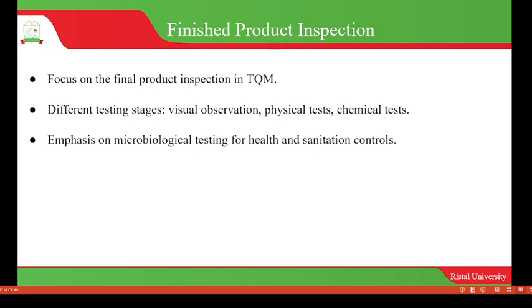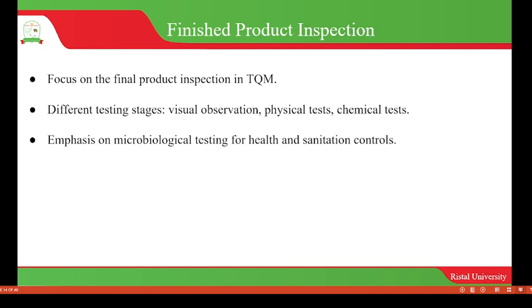We know that this microbiological testing is very, very important in food because once a food has microorganisms, then the food is unsafe for consumption. Why? Because when we consume these foods, we can suffer from foodborne illnesses and also adverse health effects.